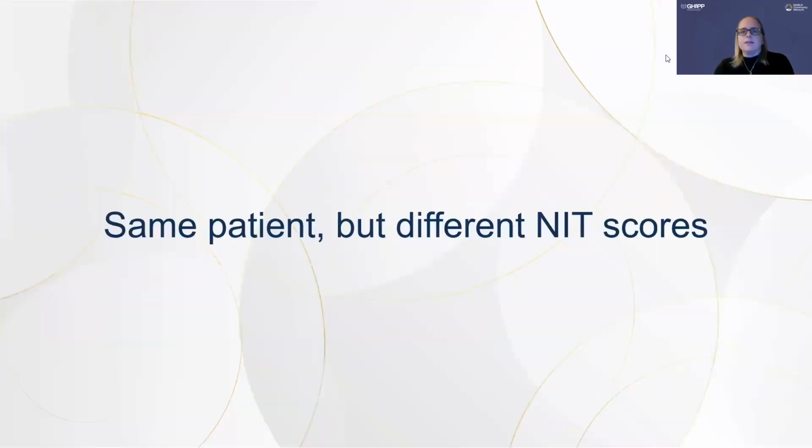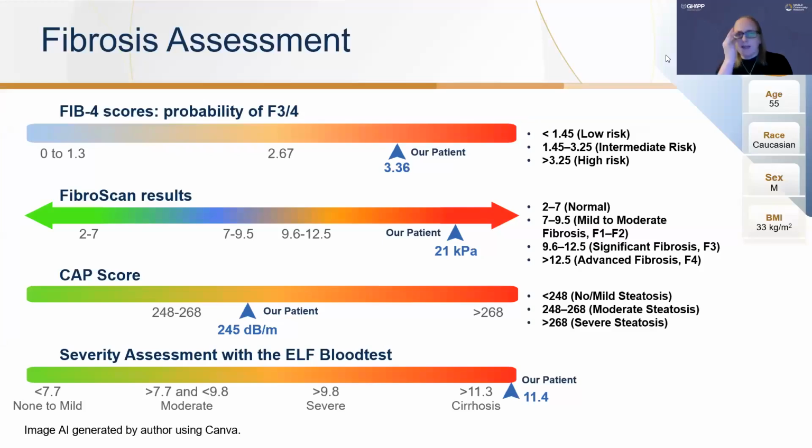All right, so same patient again, but we have those lab values that were a little bit different. And now we have different non-invasive testing scores, which doesn't surprise me, right? So again, starting with a Fib4, probably through the primary care office, this patient comes back as high risk, not surprisingly. So 3.36, greater than 3.25 is high risk.